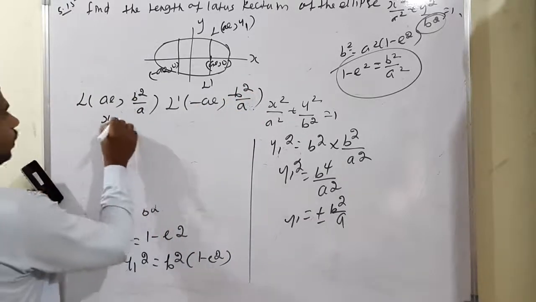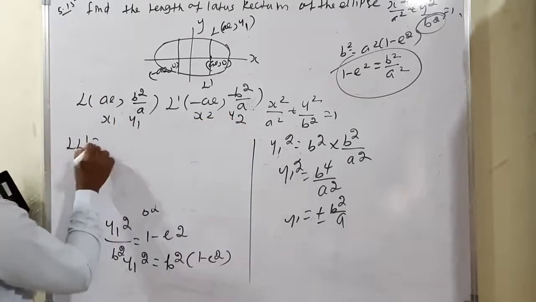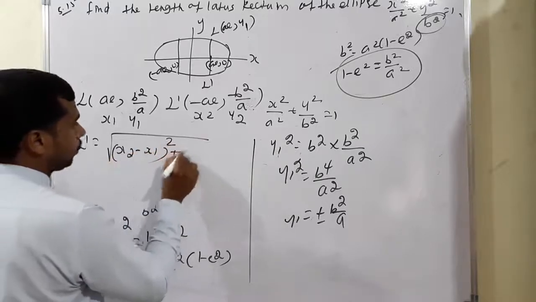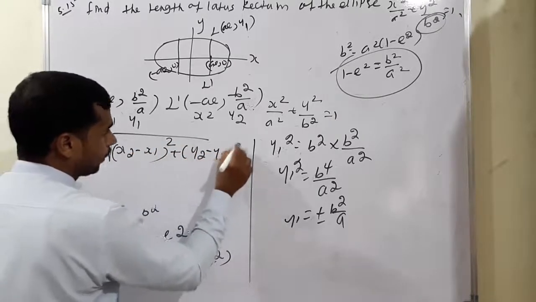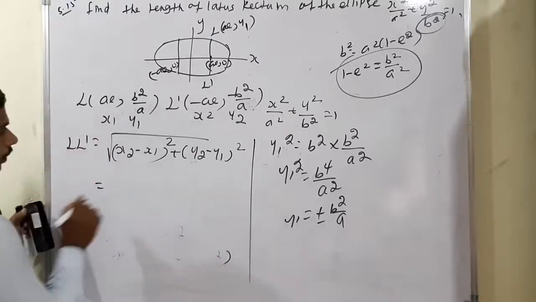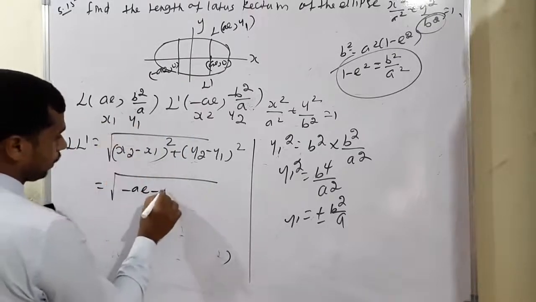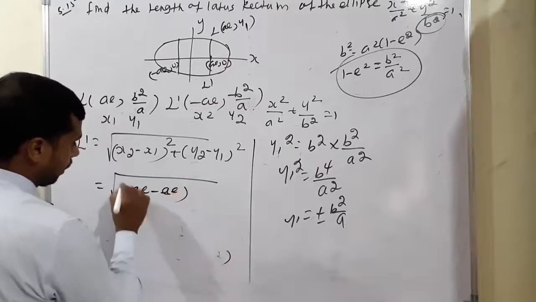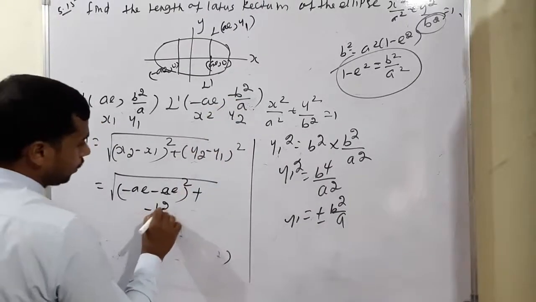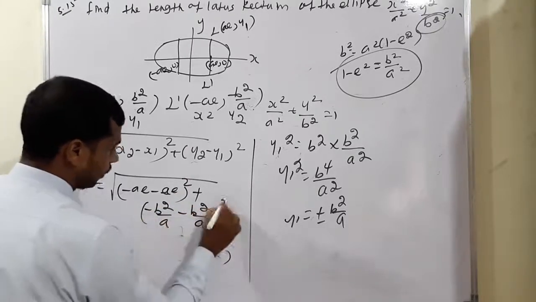This is x1 and y1, the second term x2 and y2, by the distance formula L dash is square root of x2 minus x1 the whole square plus y2 minus y1 the whole square. Therefore square root of x2, negative ae, minus ae the whole square, plus y2 minus y1, negative b square by a minus positive b square by a, the whole square.